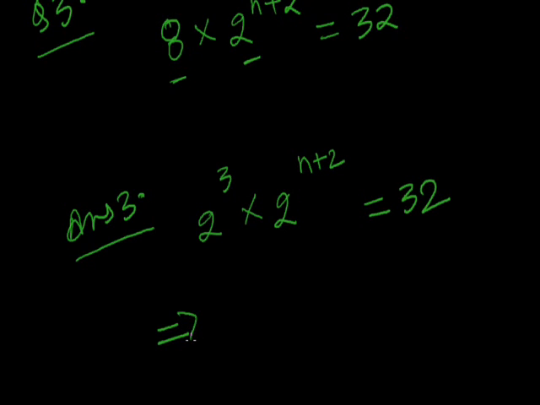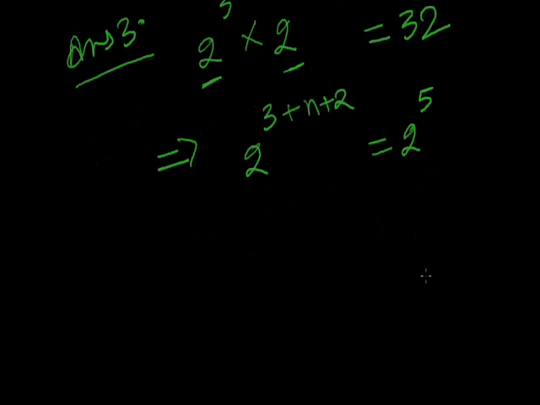Now 2 raised to the power 3, the base is the same, as I told you earlier also. When the base is the same, always add the powers, which gives you 2 raised to the power 3 plus n plus 2 is equal to 2 raised to the power 5, implies that 2 raised to the power 5 plus n is equal to 2 raised to the power 5.